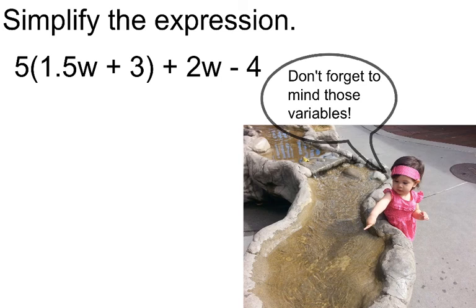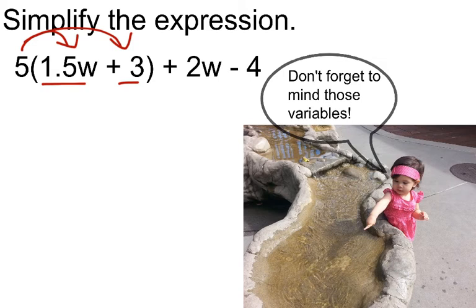Now let's take it a step further and apply the distributive property. So I have 5 times the quantity 1.5W plus 3. Well, my distributive property says that I can multiply 5 times each of these numbers. So 5 times 1.5W would be 1.5 times 5.